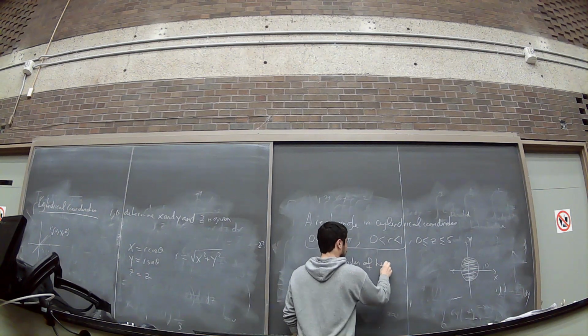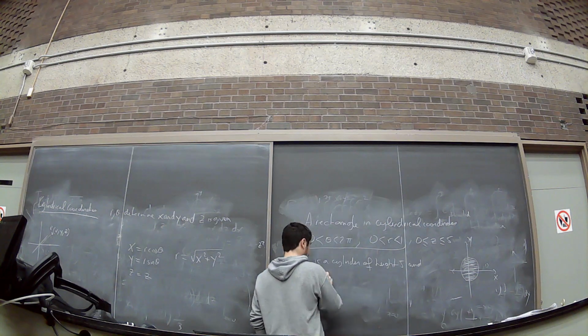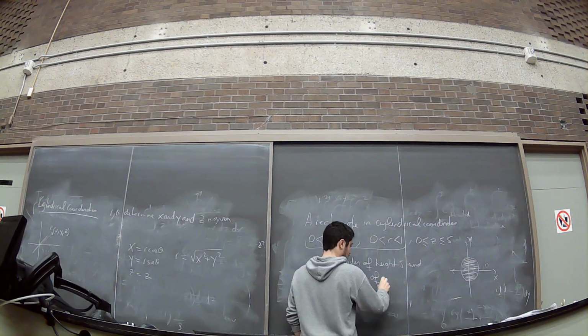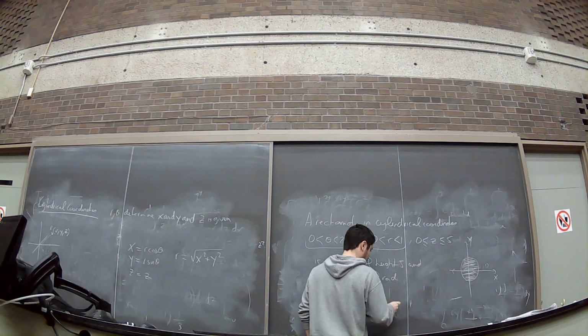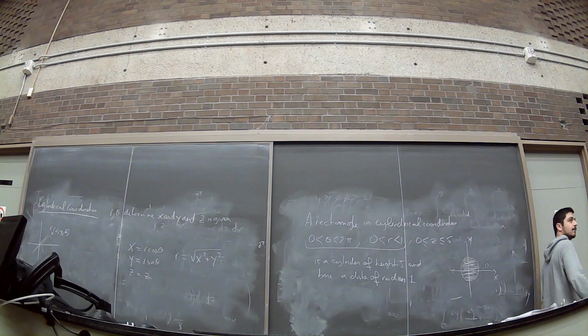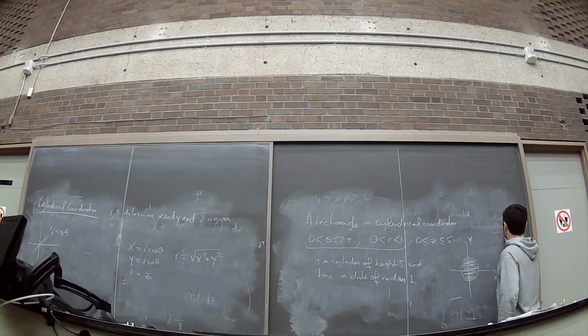The height is 5, and the base is a disk of radius 1. Let's draw this here. Z is 5.